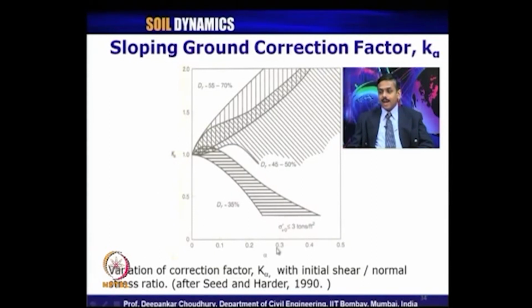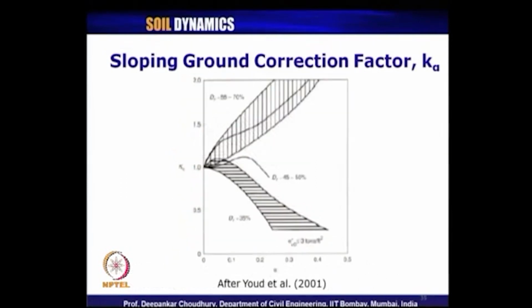How K alpha varies with respect to different values of alpha is given here for different values of Dr, that is relative density of the cohesionless soil. The ranges have been given and it depends on whether your effective vertical stress is within 3 tons per square feet, that is 3 atmospheric pressure, then it is applied. Otherwise, you need not apply this sloping ground correction factor.